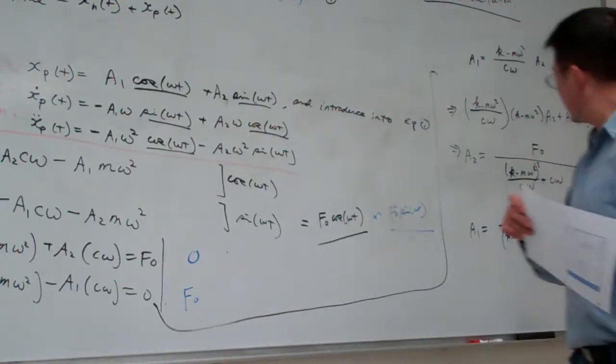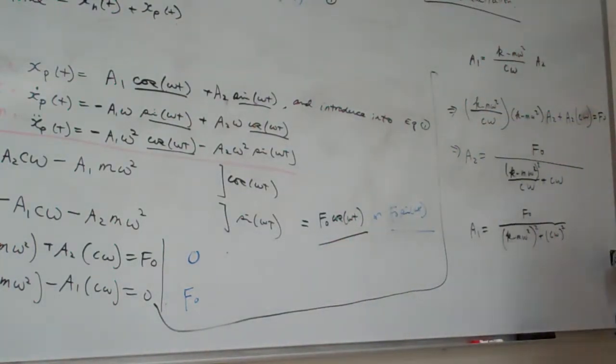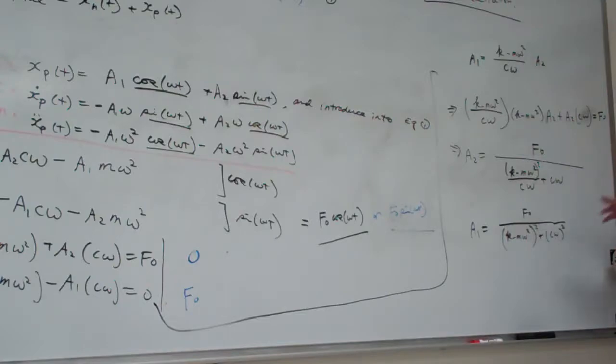Okay, so yes? You good? I don't think that should be squared. Yeah, this should be squared as well. But when you multiply A2, back when you're solving for A1, you have a k minus m omega squared on the top, right?